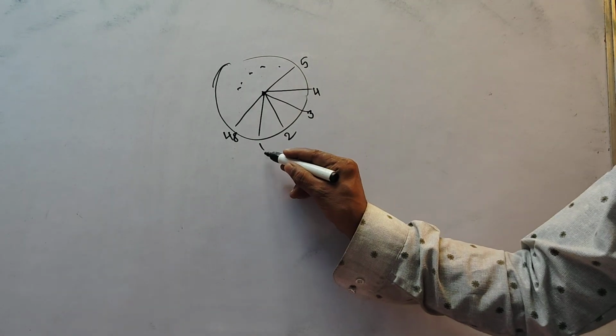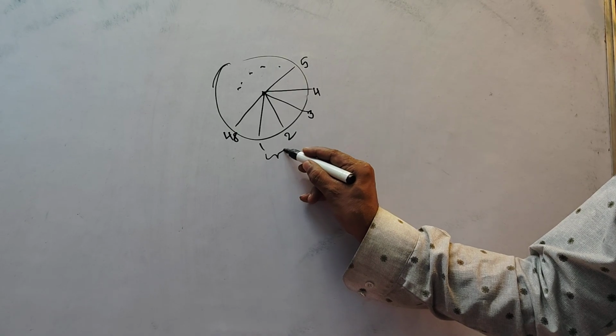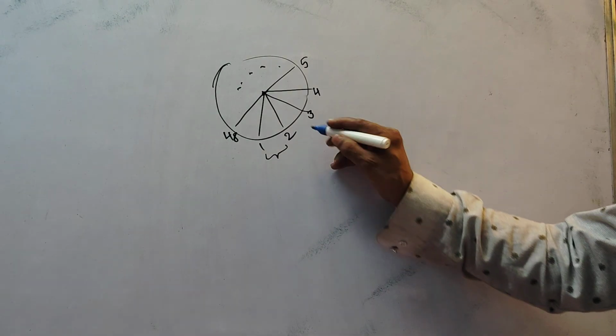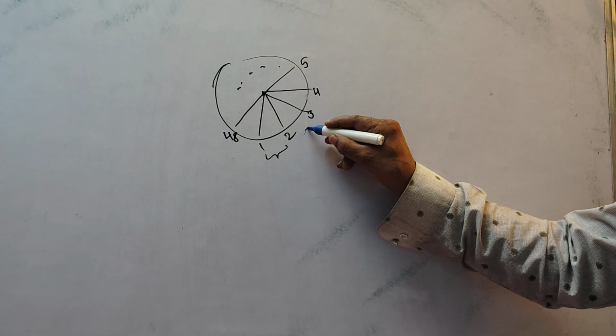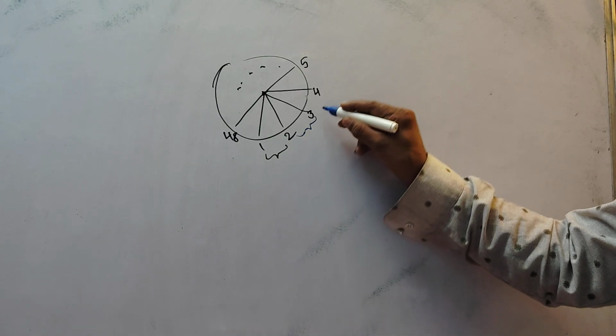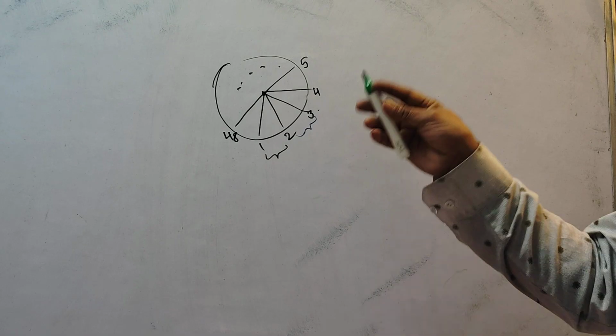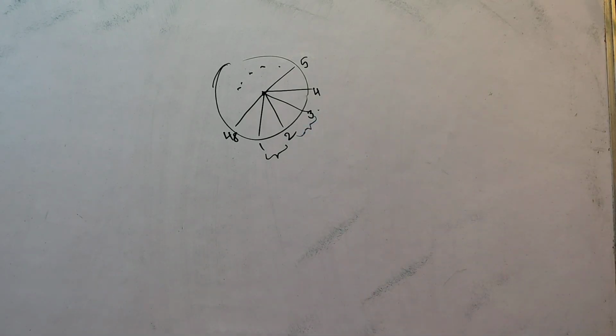Two consecutive spokes can be taken as 1 and 2, or 2 and 3. They all have equal distances, so they make equal angles. Can you say what angle is between two consecutive spokes of a bicycle wheel?